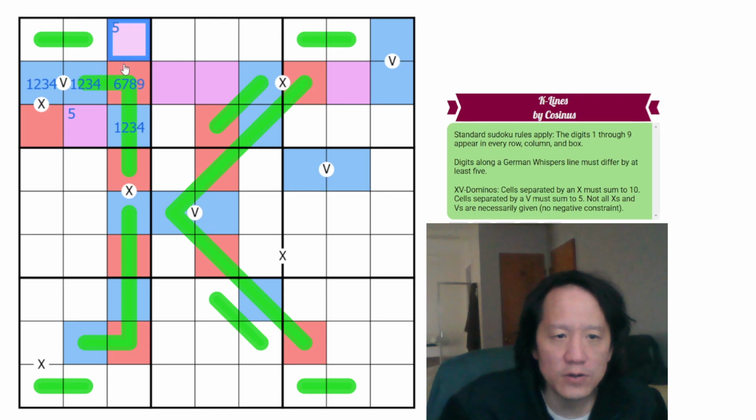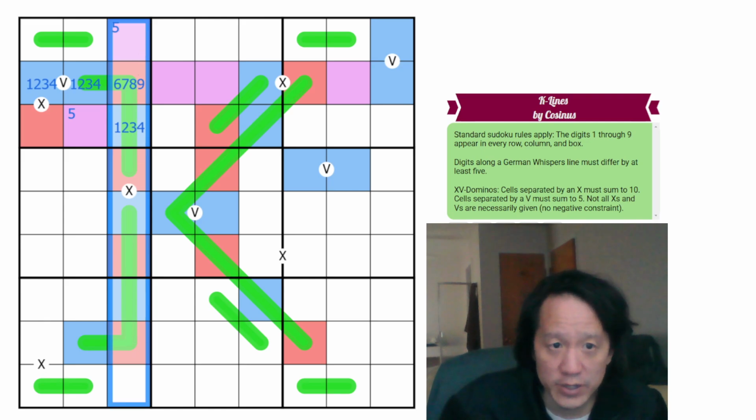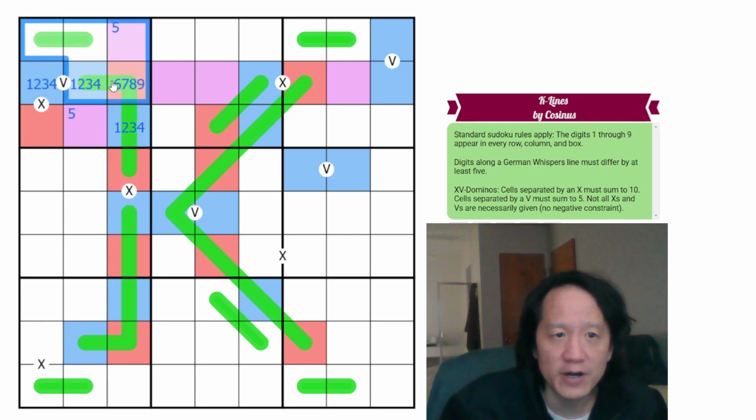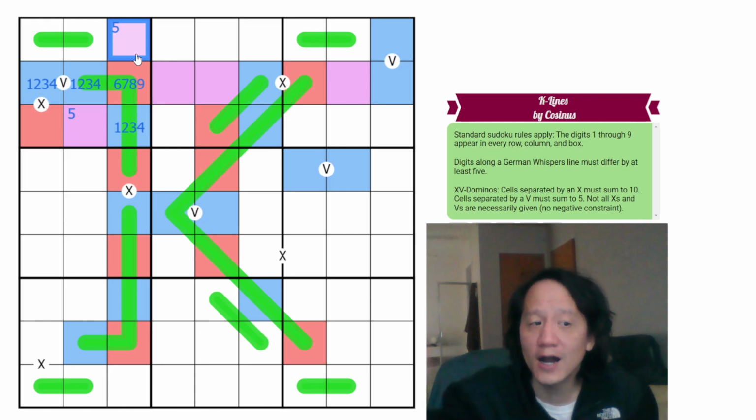So we know, okay, we have 4 highs in column 3. Because we have 4 highs in column 3, we know that there cannot be any high numbers in the rest of column 3. Now, the thing is, though, from what we learned in box 1, we know that this cell specifically has to be either 5 or a high number.